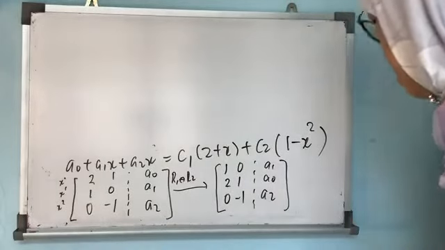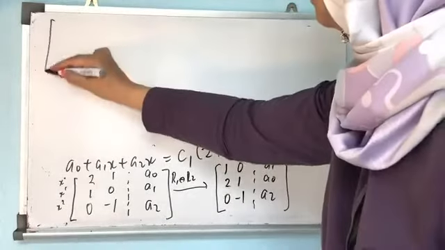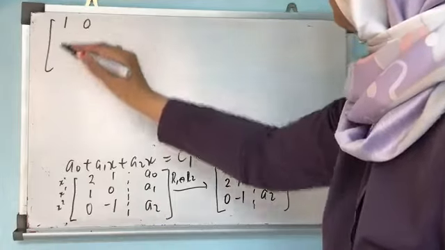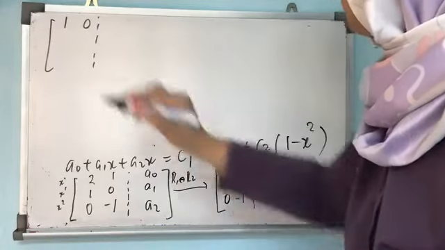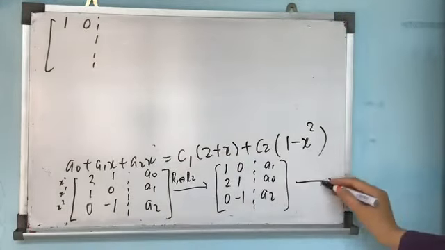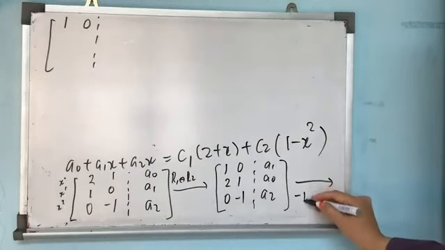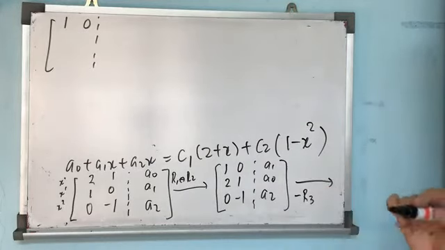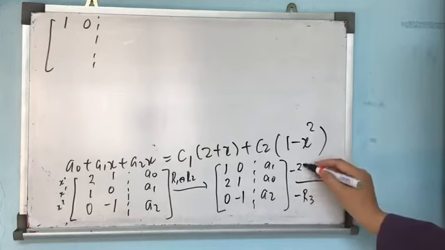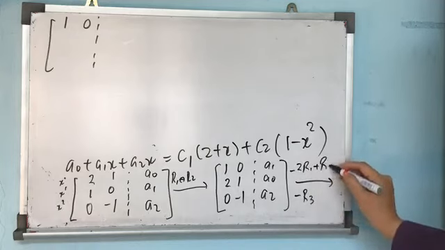So this one you can do negative R3, and this one you can do negative 2R1 plus R2.